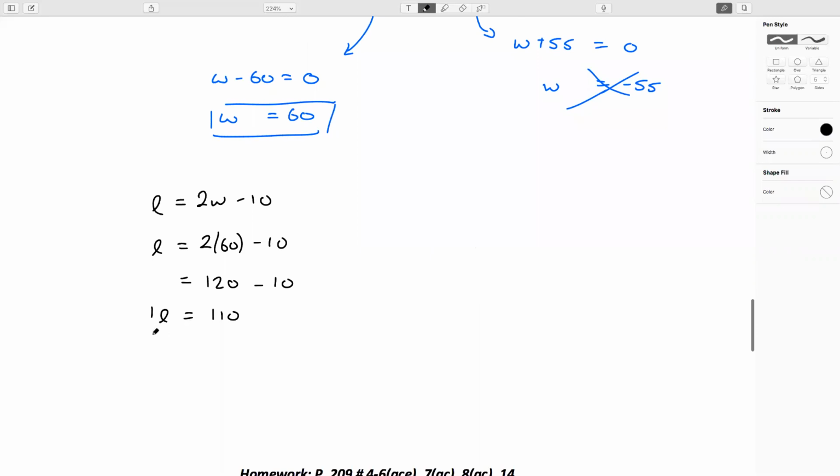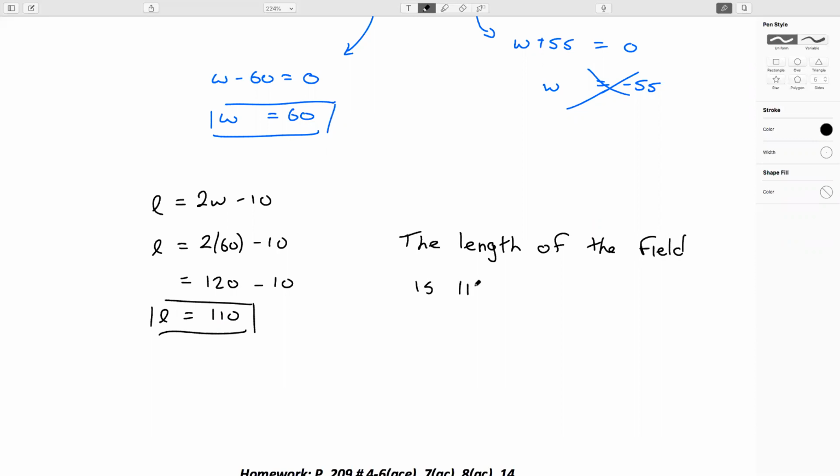And now I've got my length and I've got my width of the field. Technically, we should write our answer. So the length of the field is 110 meters, and the width is 60 meters.